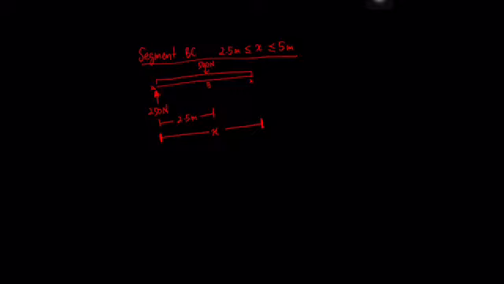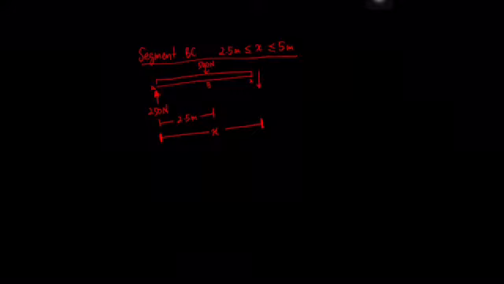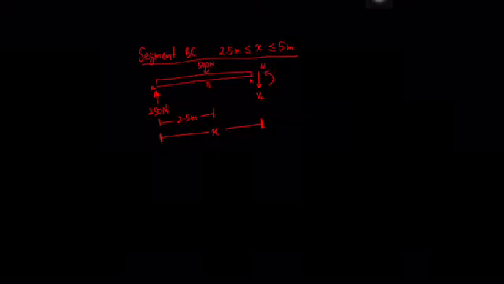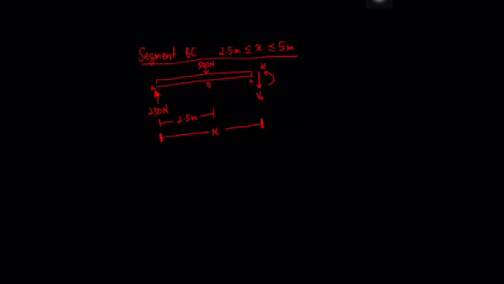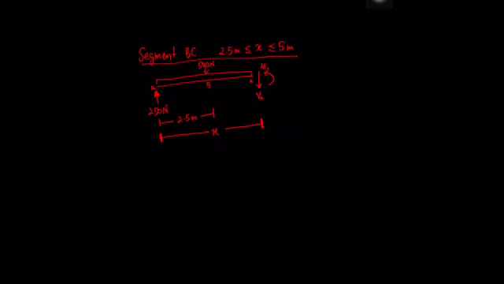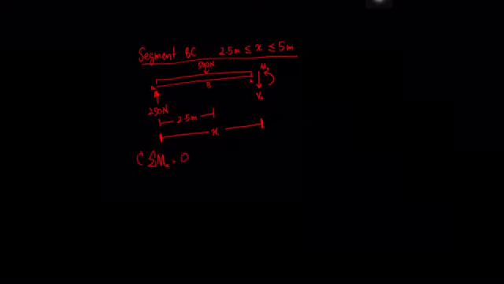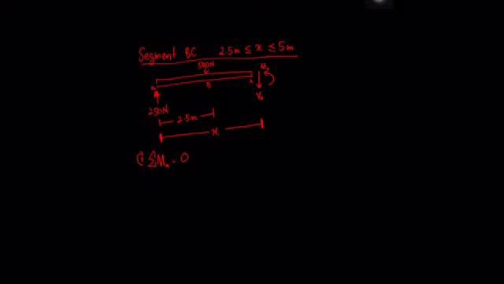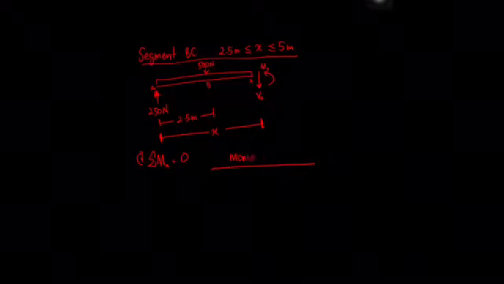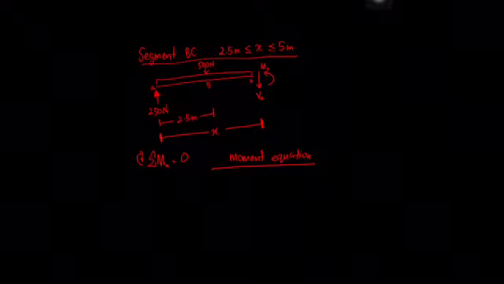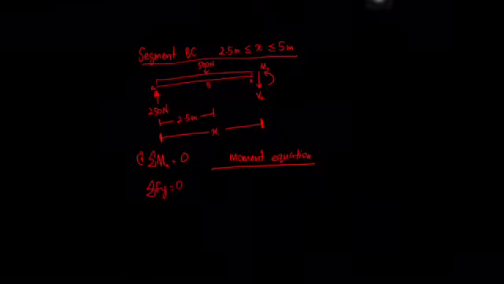Okay, so here when you cut the beam, you will have the sign convention, which is V downwards and M counterclockwise. Same steps. Then you take summation moment at x is equal to 0, because at x you have two unknowns. Clockwise is positive. Then you have the moment equation. So you need to calculate this one by yourself. And then summation Fy is equal to 0.